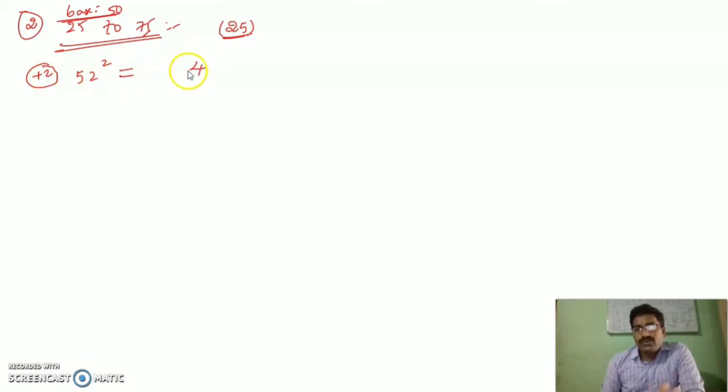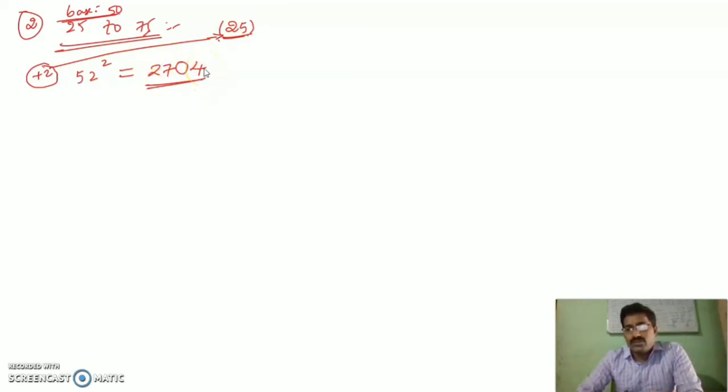But don't write 4. We have to fill last 2 digits. So write 04. Second step is add these 2 to 25. So 25 plus 2, 27. So that is 52 square value.